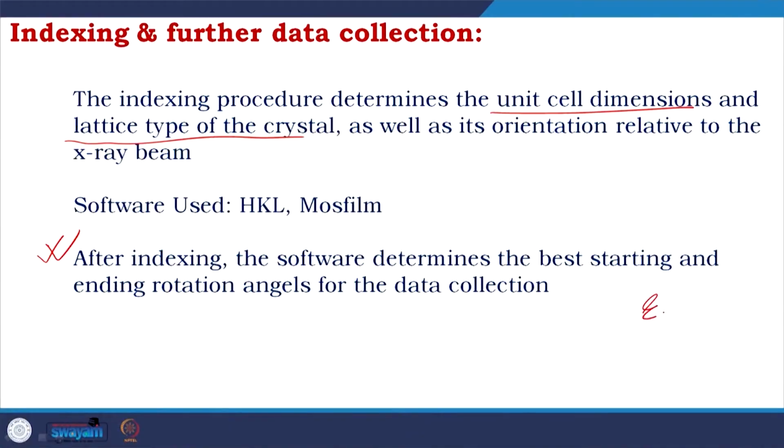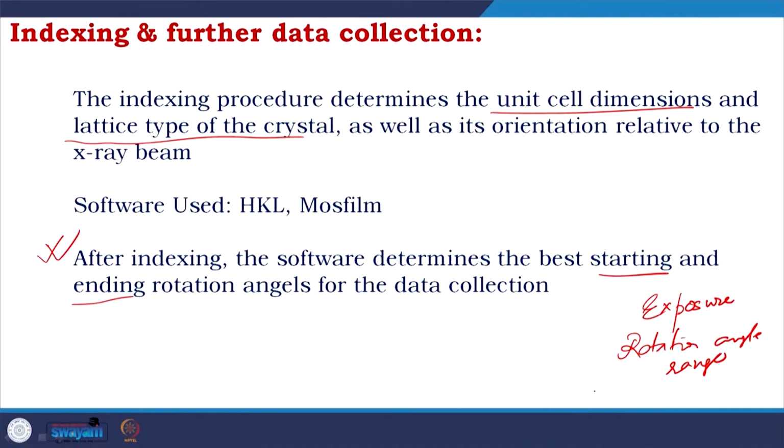Two, three things are important here, where the initial images would be utilized. First, how much exposure you are going to give, and then what would be your starting and ending rotation angle, the rotation angle range, and third, what would be the degree of interval.